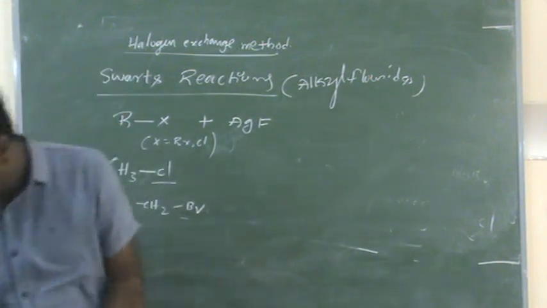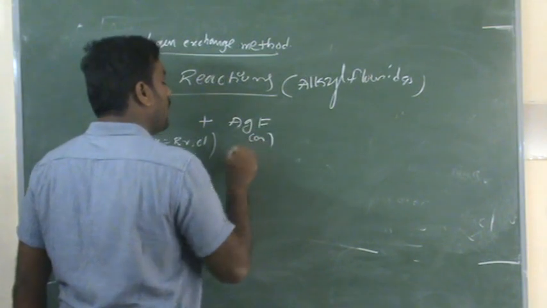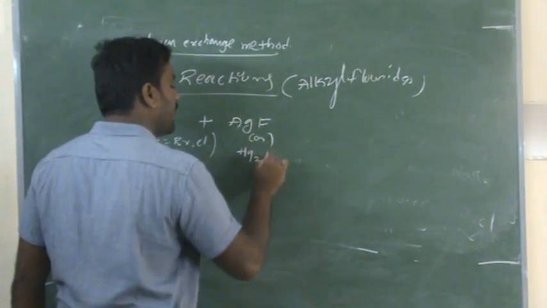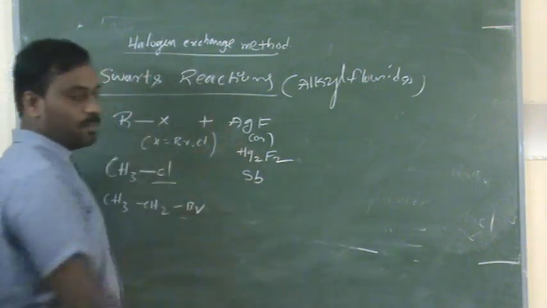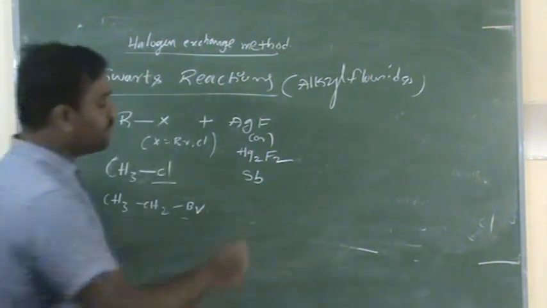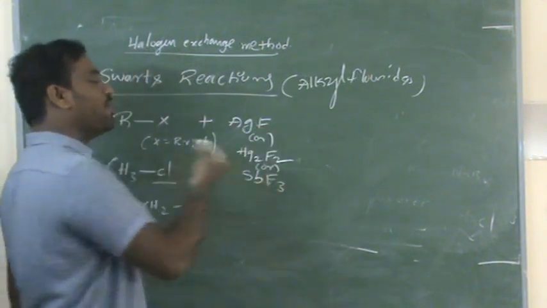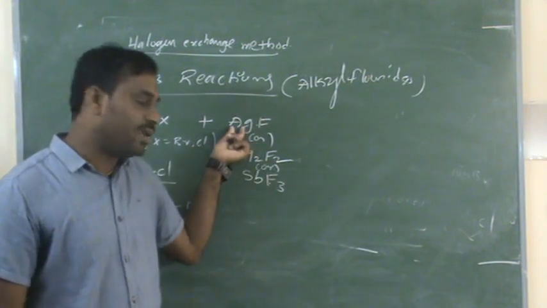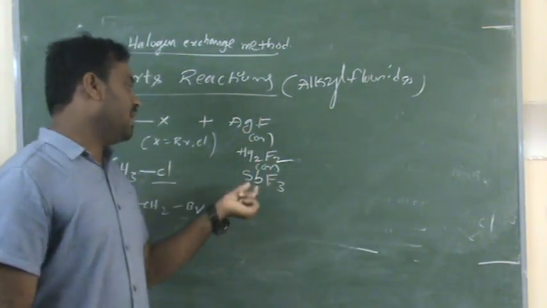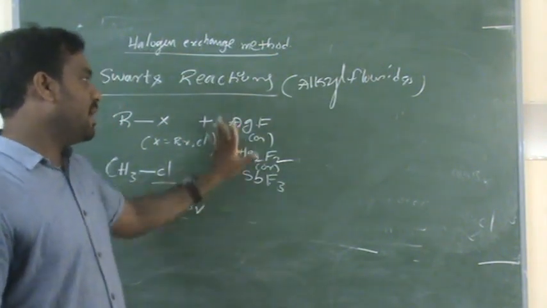Not only AgF, you can also use Hg2F2, or SbF3. Any one metal fluoride. This is called a metal fluoride because silver is a metal, mercury is a metal, Sb is a metal, with fluorine attached.